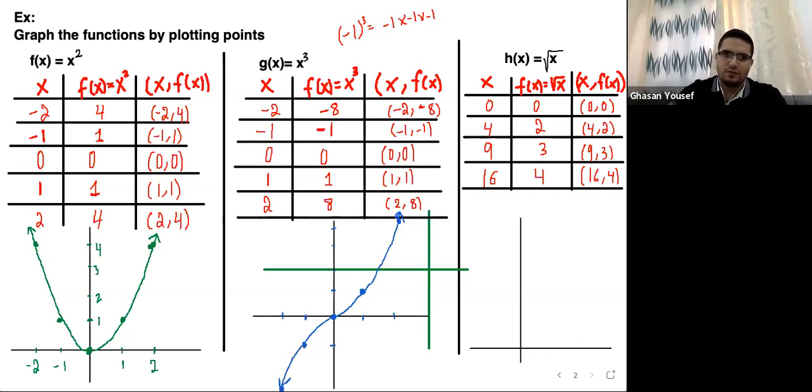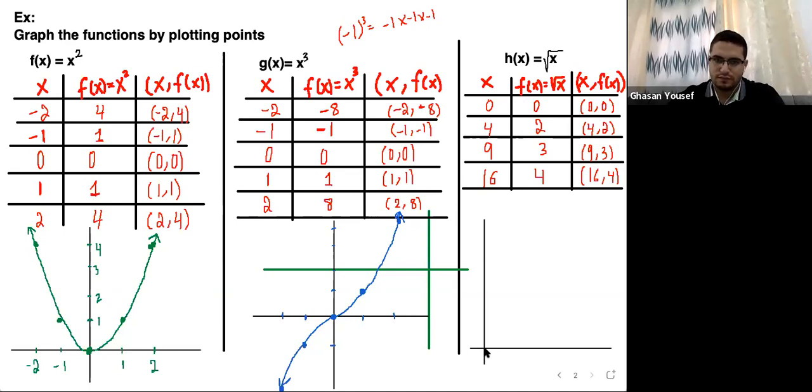So I'm going to move this one here a little bit to the left. And the point here, I'm going to choose the 0. The distance will be 4, 8, here is 12, here is 16.